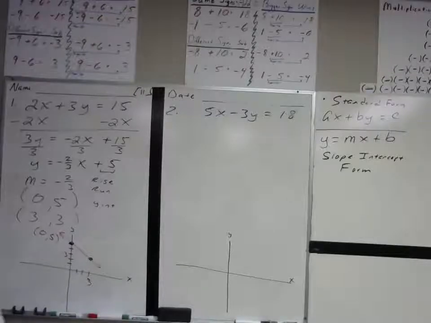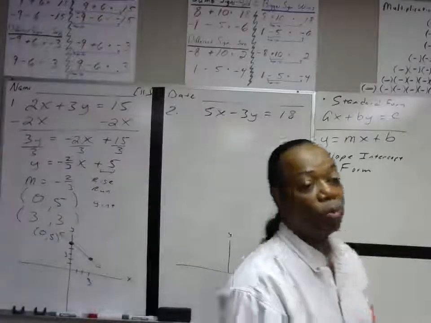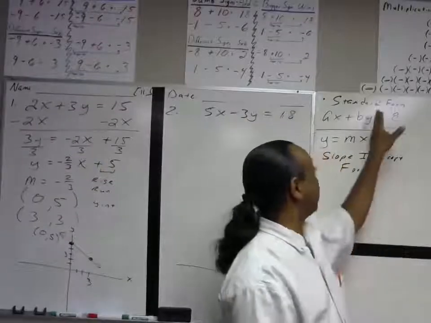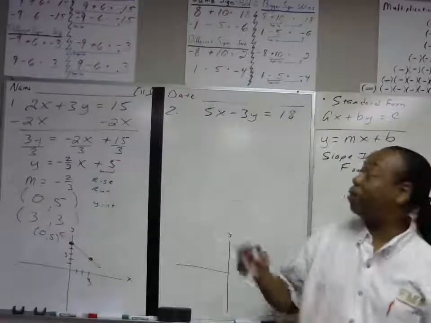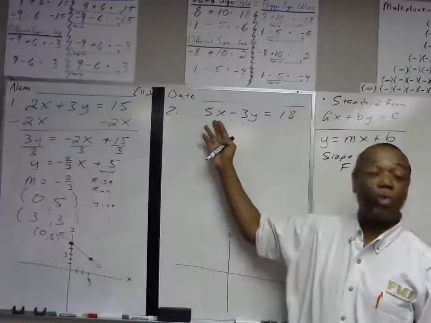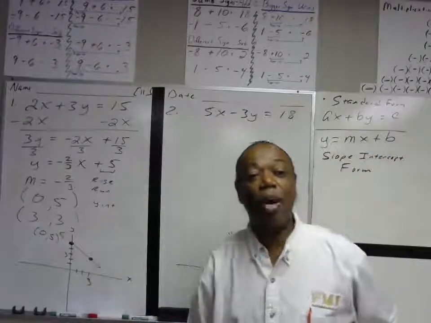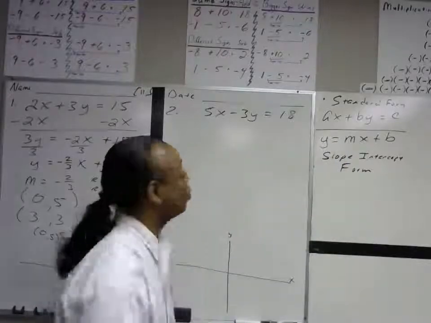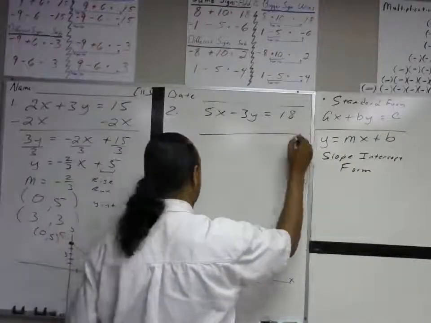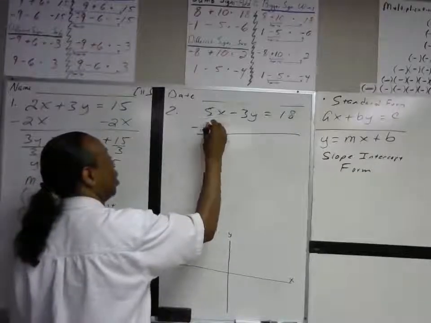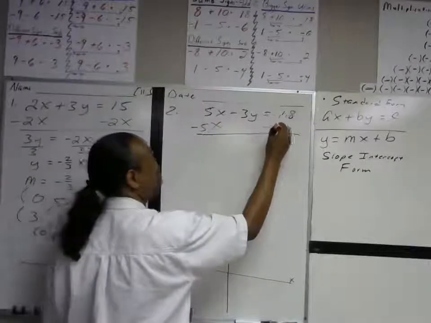Okay. Number 2, same process. We want to turn this standard form into a y-intercept form. So we're going to get rid of this positive 5x, or should I say adding 5x, by using a subtracting 5x. And what do we do to one side? We do to the other.